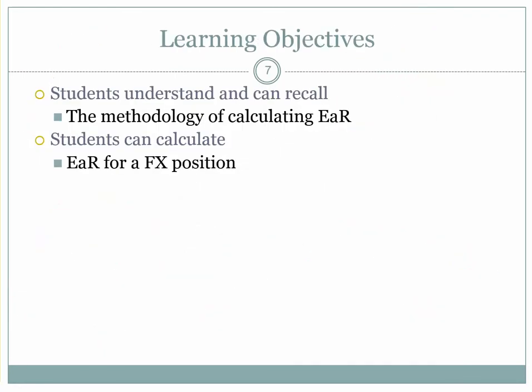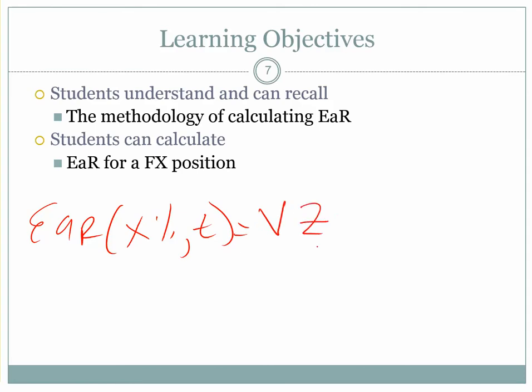So in this section, we tried to look at the methodology of calculating EaR and calculating an EaR for an FX position, where we said that the EaR for some confidence interval x over t days is going to be V times Z. That Z depends on the x.